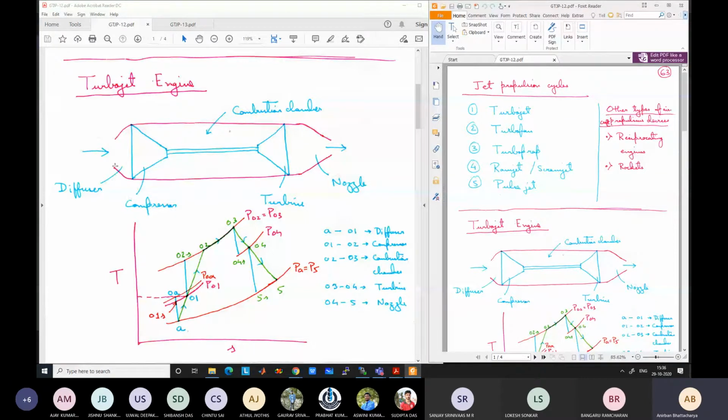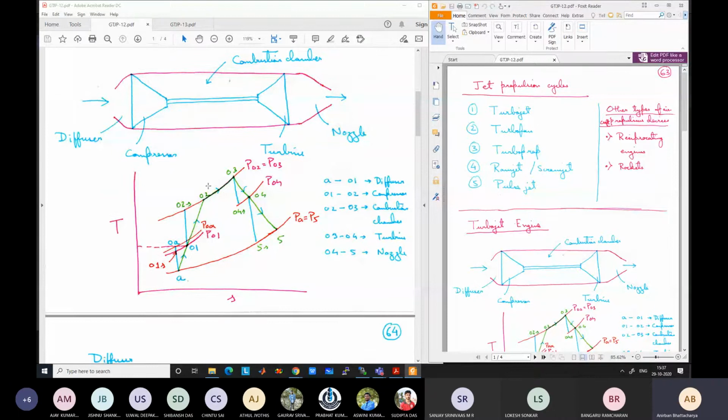Means if the aircraft is flying at supersonic velocity, in that case in a convergent-divergent type of diffuser, the first part will be convergent, where in the converging section the flow speed will be reduced. Once it reaches the sonic velocity at the throat, in the divergent section the velocity will be further reduced in the subsonic region.